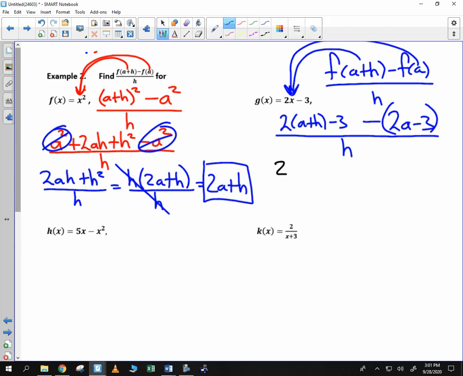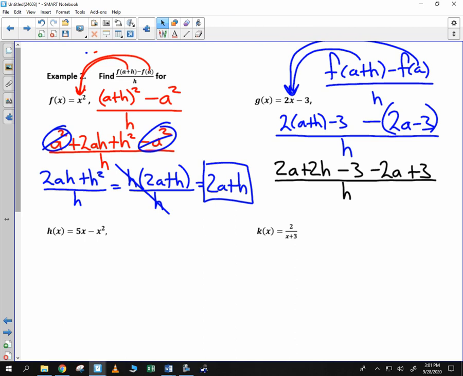I get 2a plus 2h minus 3 minus 2a plus 3, all divided by h. Everything that doesn't have an h should cancel. You are left with 2h divided by h, which is 2.